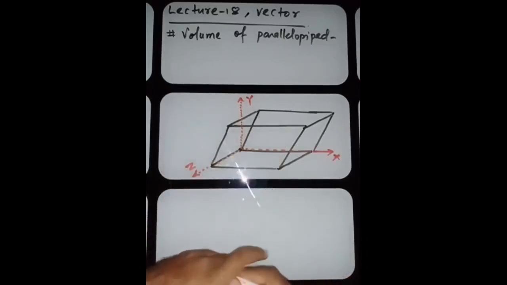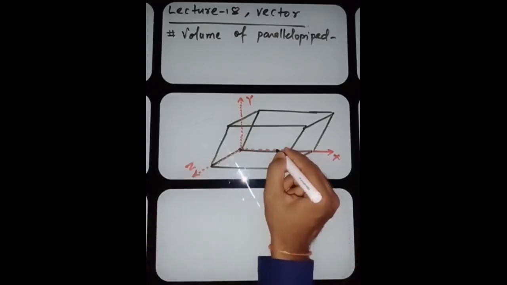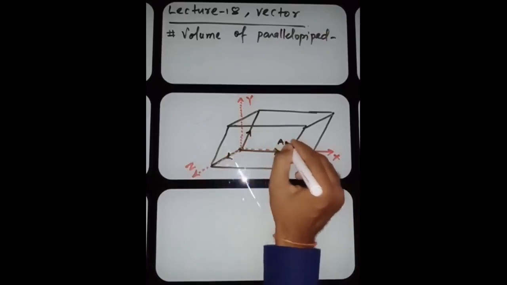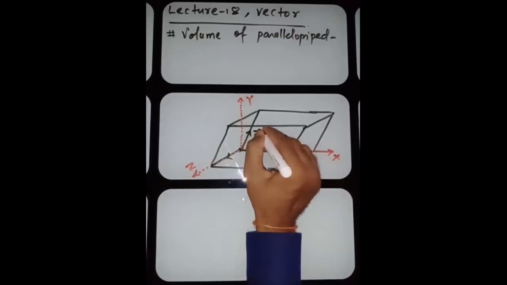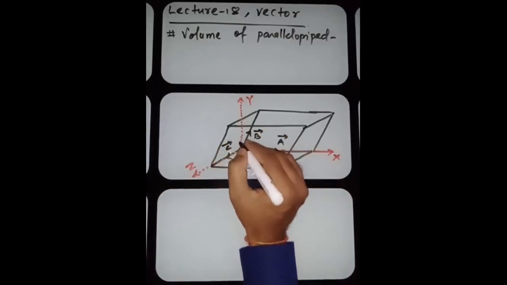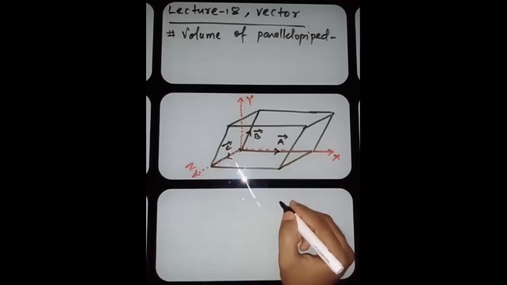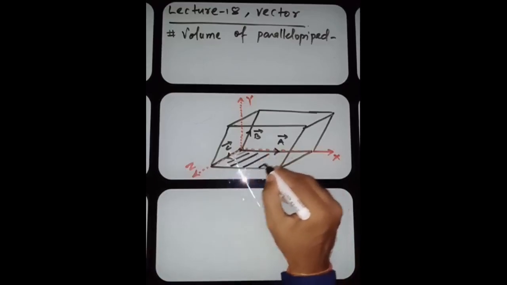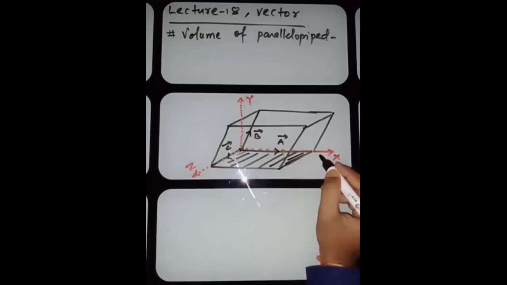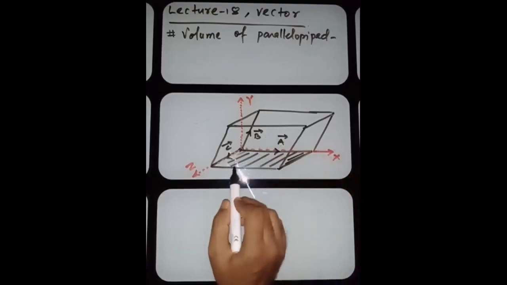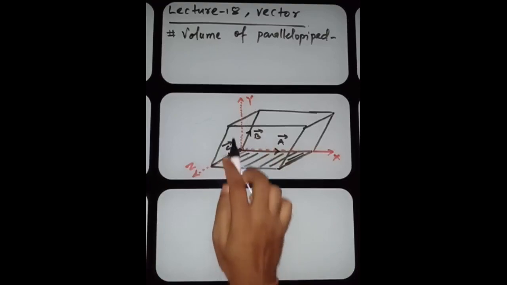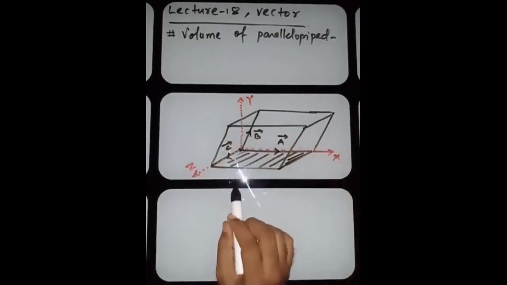Now the three vectors are given, 1, 2 and 3. So the vector A, suppose the three sides are given as A, B and vector C. Now you have to find the volume. If you understand, finding the area of this particular base and multiplying with the height, you will get the volume of this structure in this way.